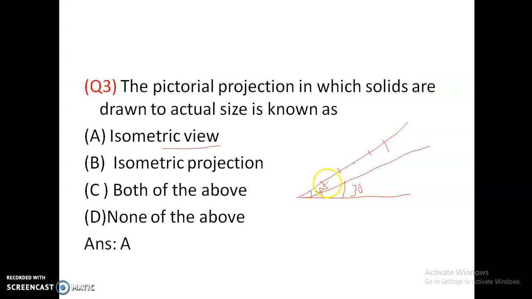This is a 30-degree line, and draw a vertical line from 1 centimeter, 2 centimeter, and 3 centimeter. This is called the isometric length. So this is the actual scale, and this is the isometric scale. In the actual scale, it is drawn at 45 degree, and in the isometric scale it is drawn at 30 degree.